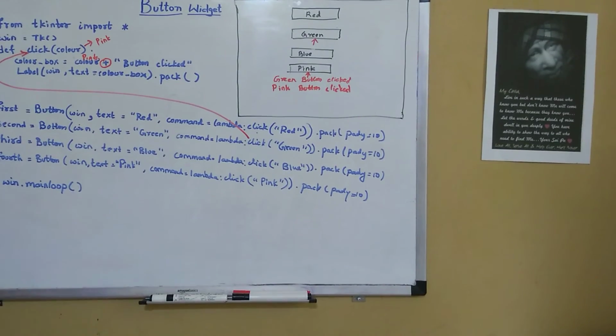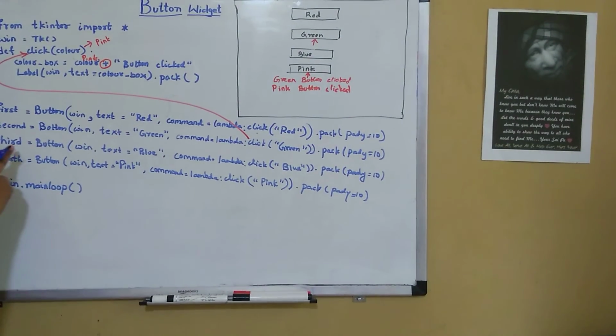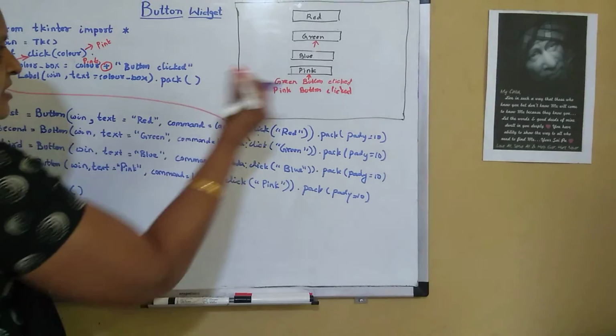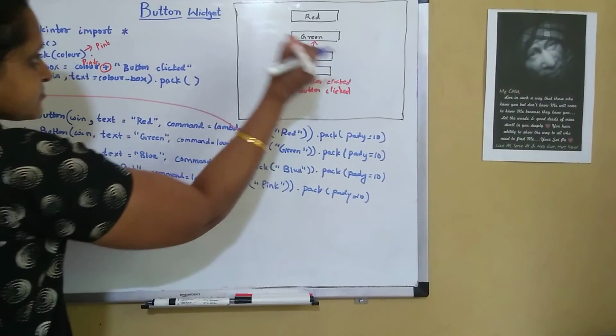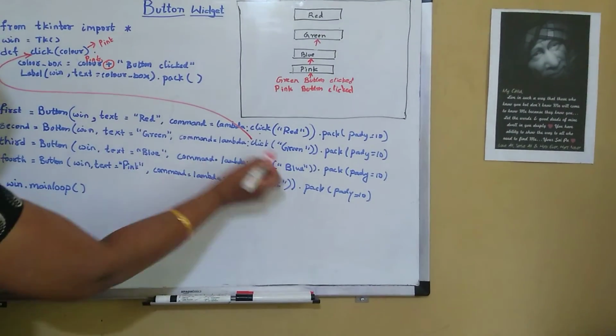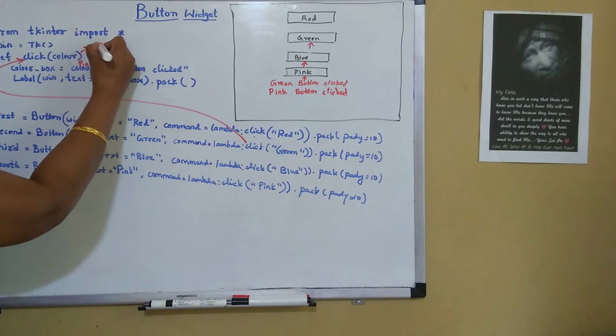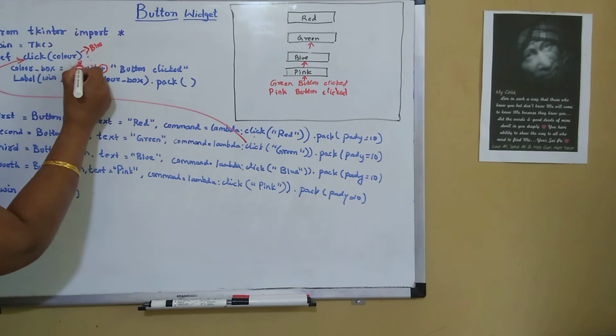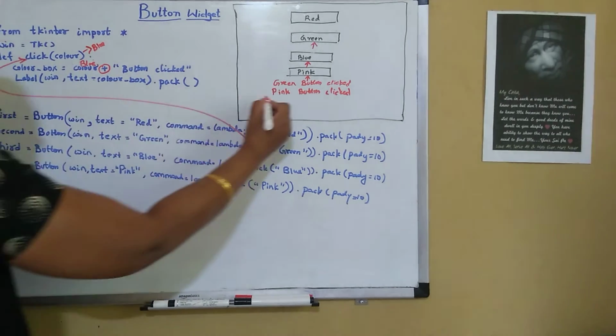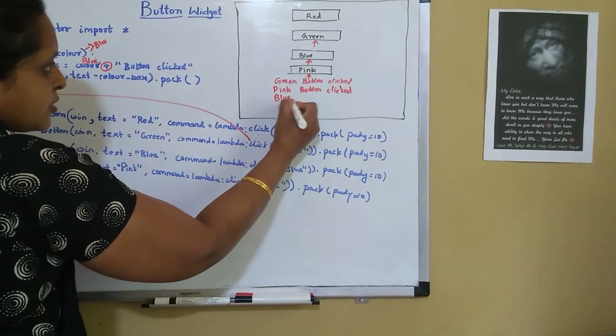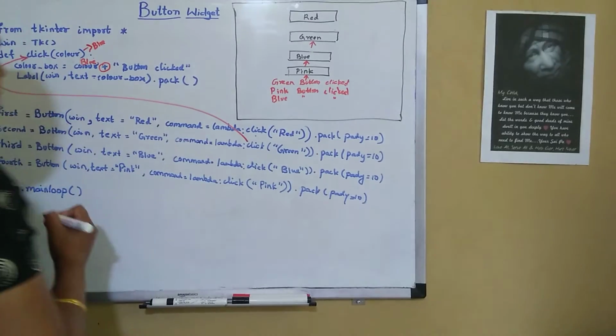And now if I click on the third button, say blue, then the blue value will be passed to color and it will say blue button click.